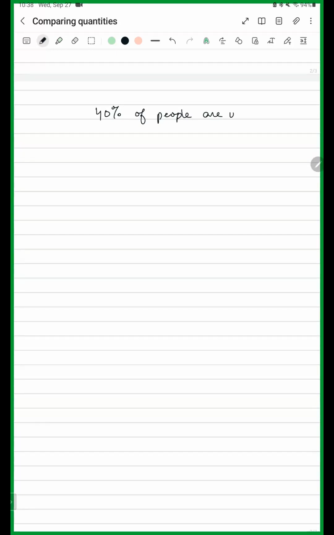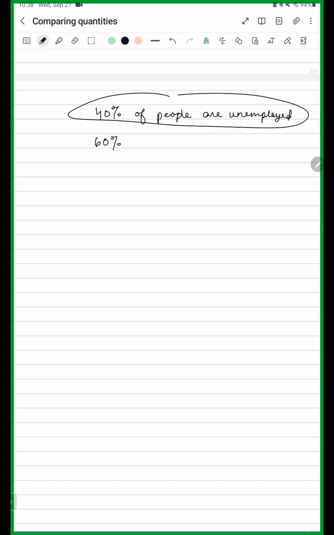What does this mean? This means that 60% of people have a job. So they don't have to tell us both things. If they say 40% are unemployed, that obviously means the rest are employed, meaning they are working. So this is where we use it in real life.